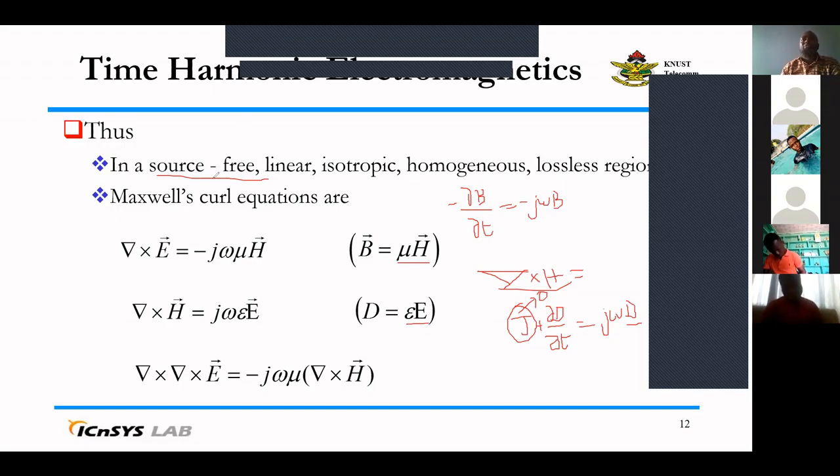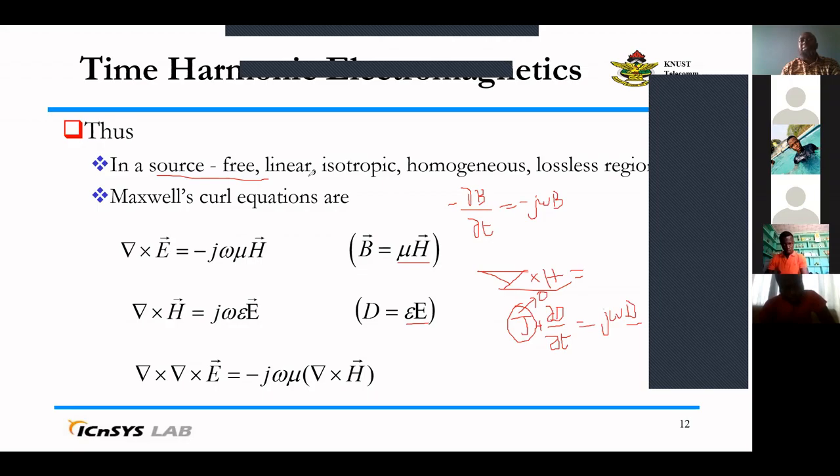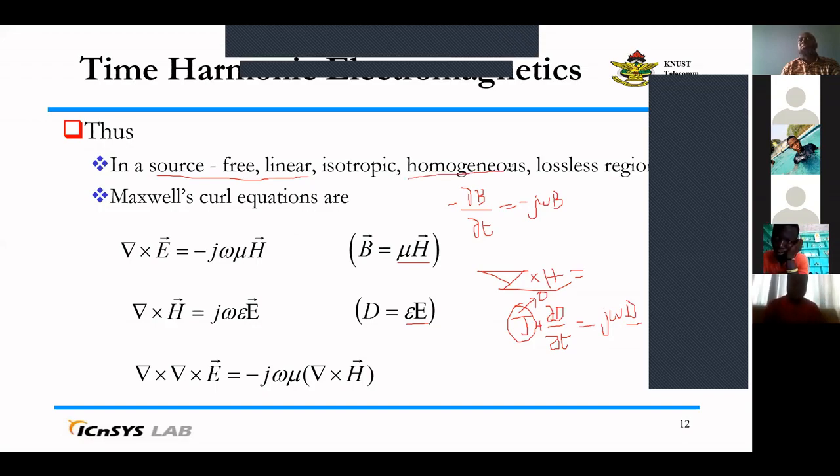And therefore, the time harmonic expression for Maxwell's equations in a source-free, linear, isotropic, homogeneous, and lossless region. Linear means that the field varies linearly. If you multiply by a constant, the field will just be multiplied by a constant. You don't have H varying as a square or cube or whatever.